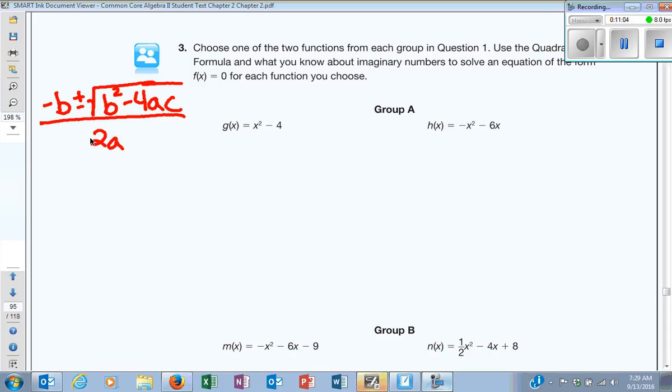Are you with me? Well, if we look, they gave it to us all in standard form. But I just want to make sure that's clear before you guys start trying to do this with factored form or vertex form. All right. This quadratic formula will find the roots. It will find the x-intercepts. This guy right here will find the x-intercepts.